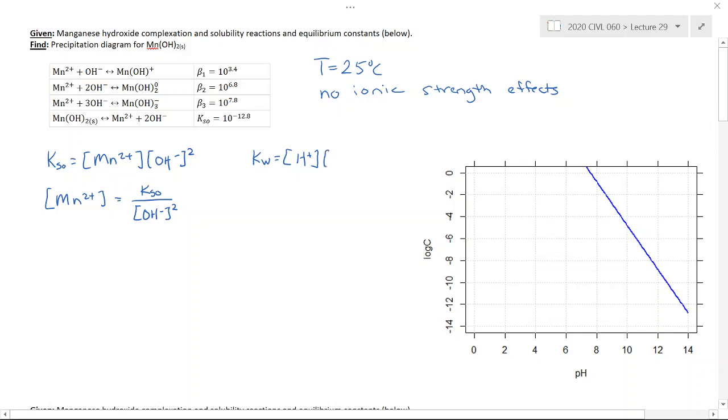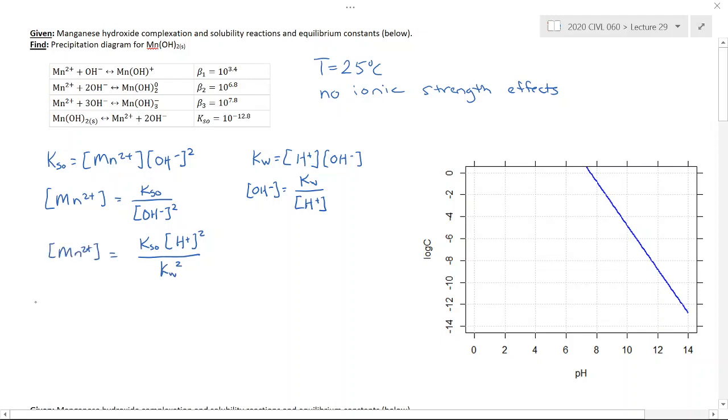So that looks like this. And our hydroxide is Kw over H+. Now you can see it would be really easy to make adjustments for temperature changes. All I would have to do is to adjust all my K values, and similarly I could make ionic strength effect corrections as well. Okay, so my hydroxide, now I'm going to have KSO times hydrogen squared over Kw squared. Still have manganese on this side.